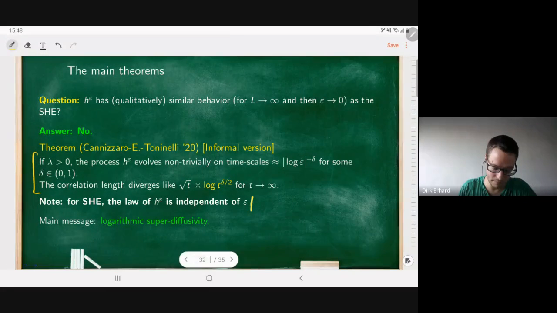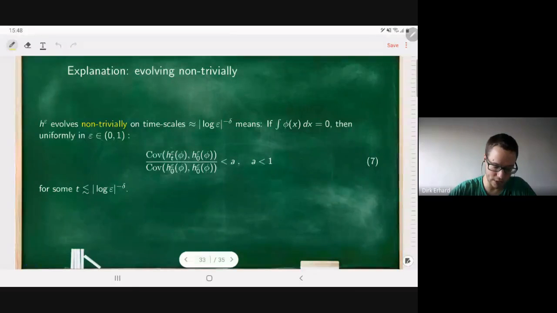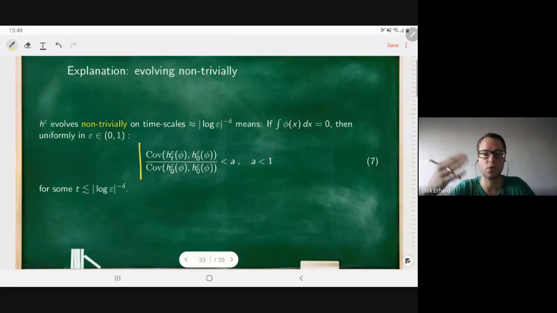Non-trivially, for instance, could mean the following. You look at this rescaled, normalized covariance: in the numerator you have the covariance of h_t and h_0, in the denominator the covariance of h_0 and h_0, so the variance. Evolving non-trivially on these timescales means the following.